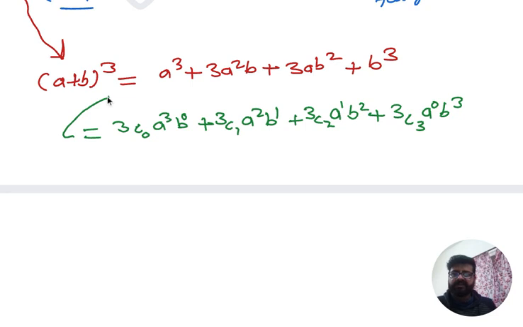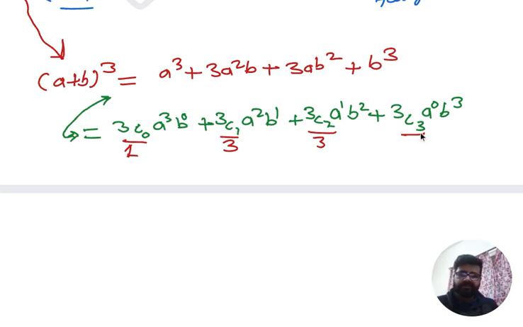we will find this. These both are the same, because the value of this will be 1, the value of this will be 3, the value of this will be 3, and the value of this will be 1. In the previous class I told you how to solve the combination.